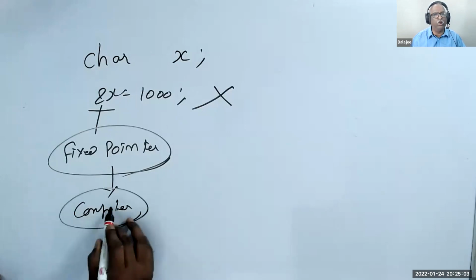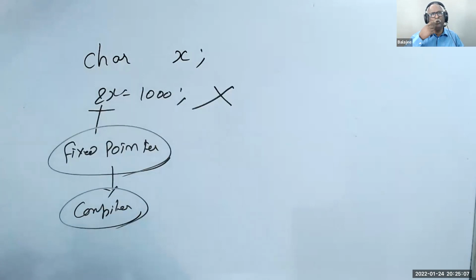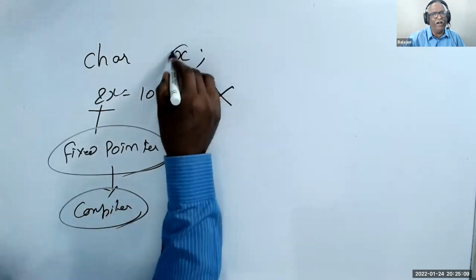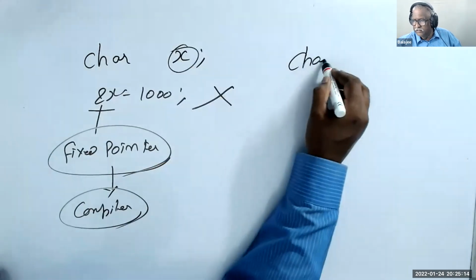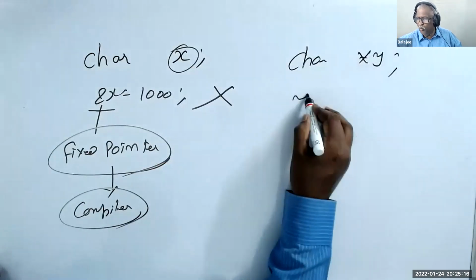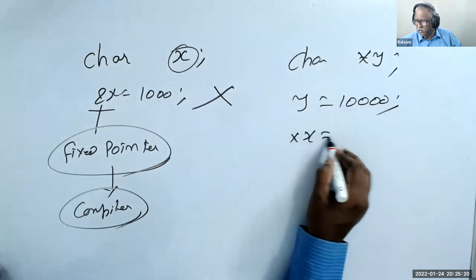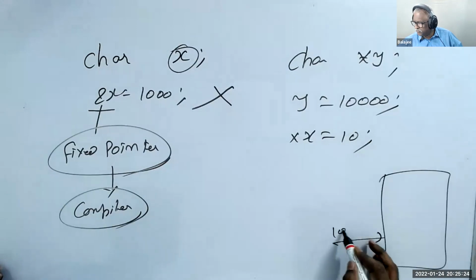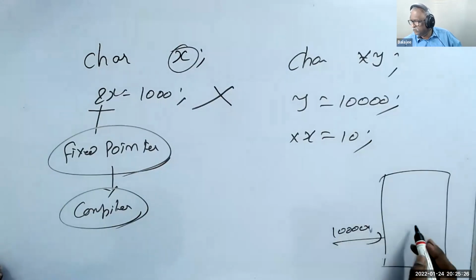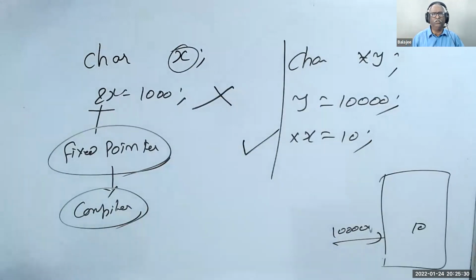So you don't have permission to change the address, and you cannot store x wherever you want. If you want to do that, you write char star y. You put y is equal to 10,000, star y is equal to 10. That's all. At memory location 10,000, you can write 10. This is permitted. Understood the difference between these two?